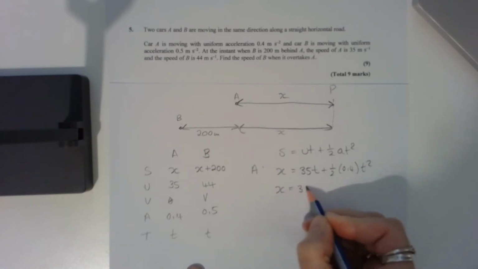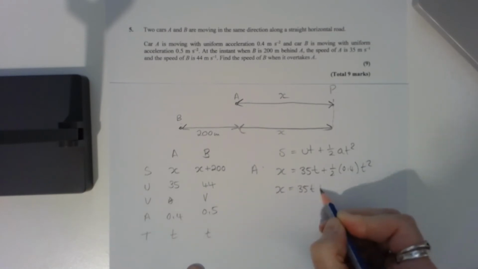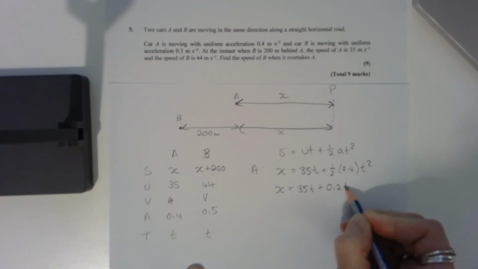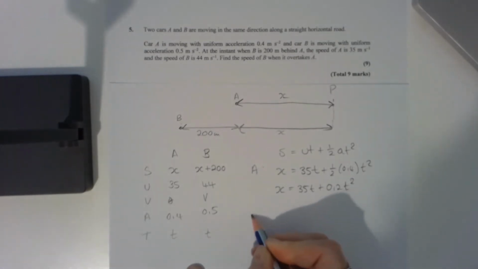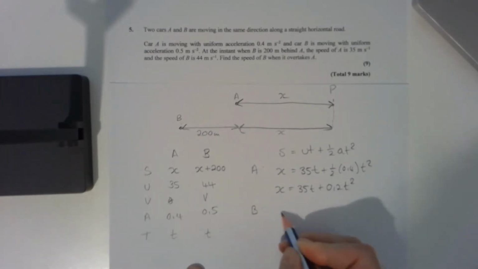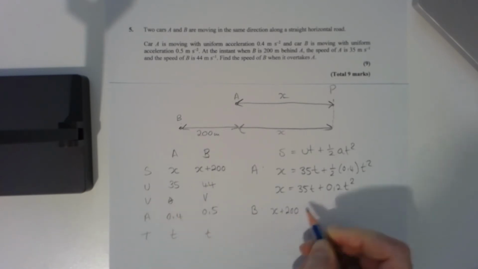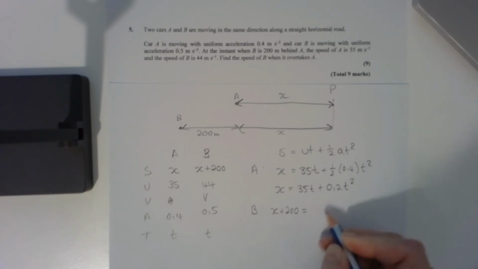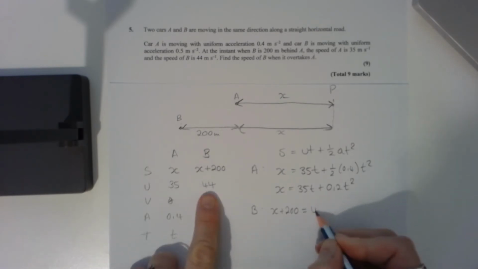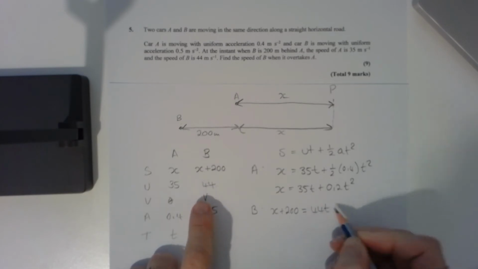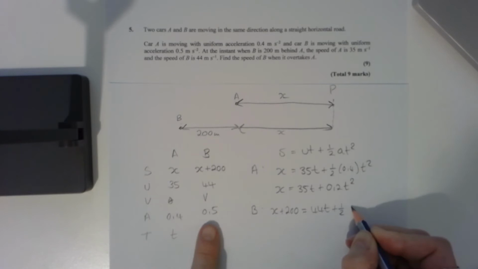x equals 35t plus 0.2t squared. For B, B has travelled x plus 200, so s is x plus 200, u is 44, t, plus a half at squared.